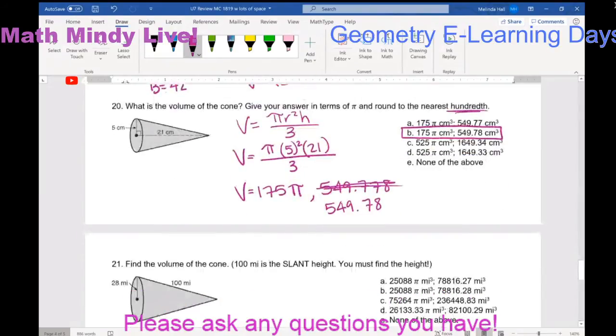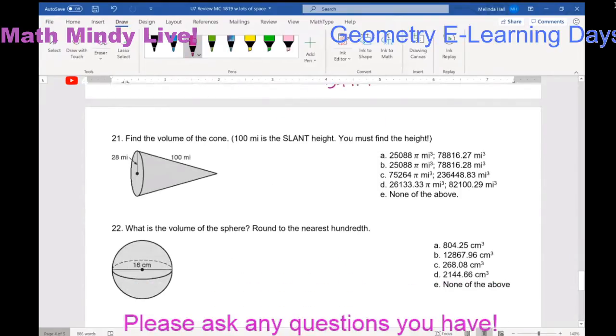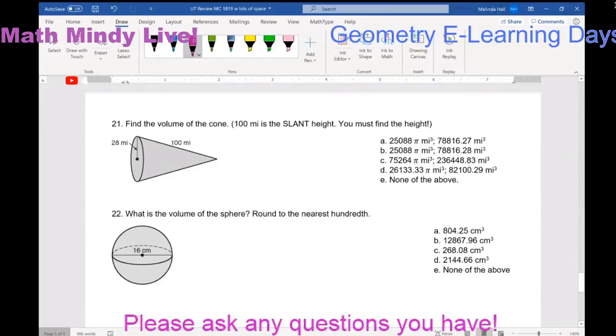So then for number 21, well, this one is a slant height because this 100 goes to the side of the cone. With that, we would have to solve for our actual height by using the Pythagorean theorem because it makes a little right triangle. If you want, you can just call it h.